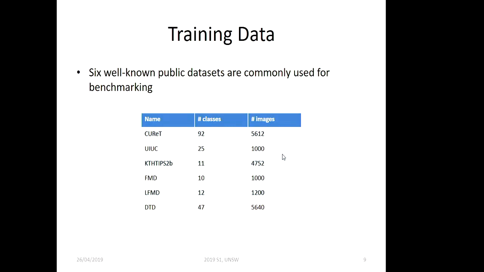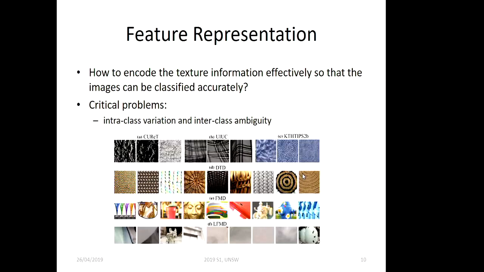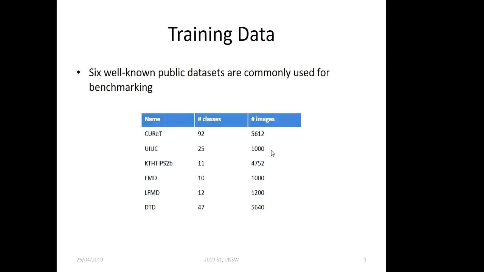You can see that they are not very big, because texture classification started many years ago, and at that time we didn't really see a need for using a very large database. But on the other hand, because the datasets are not too large, you are facing a really critical problem of overfitting when you want to use these machine learning models.